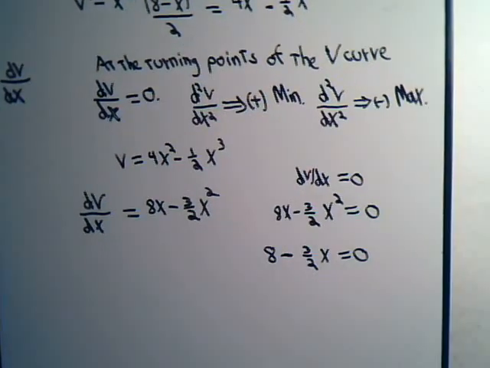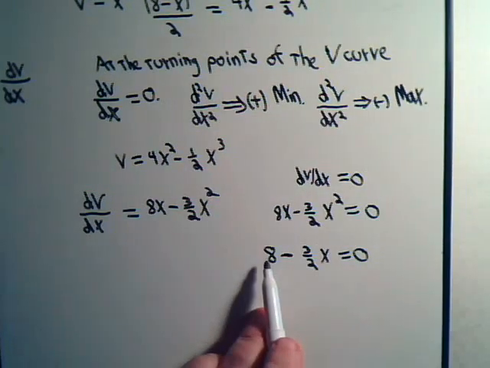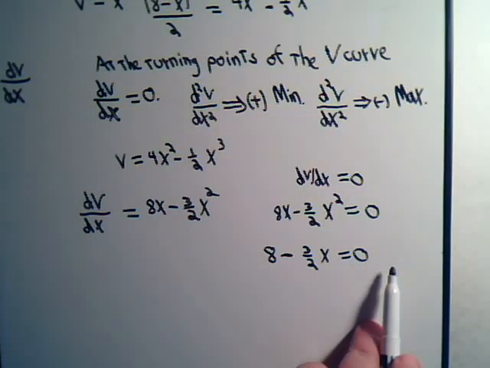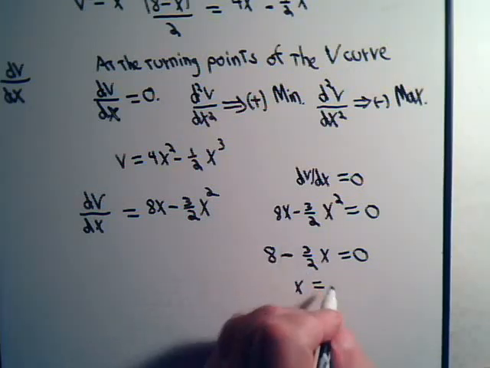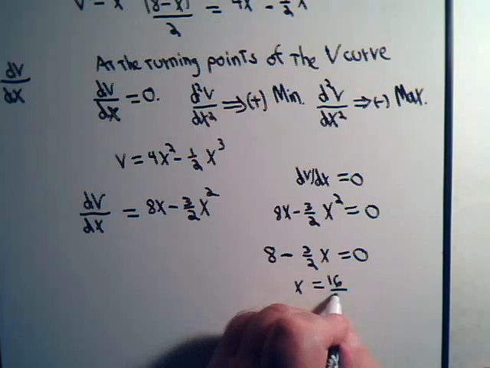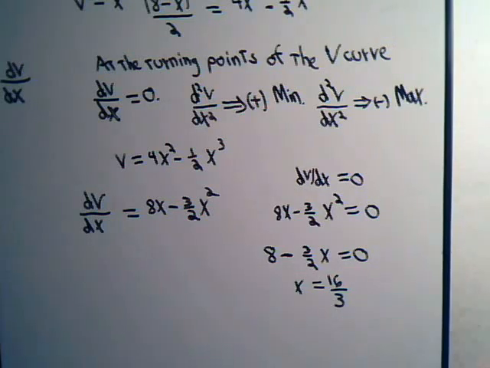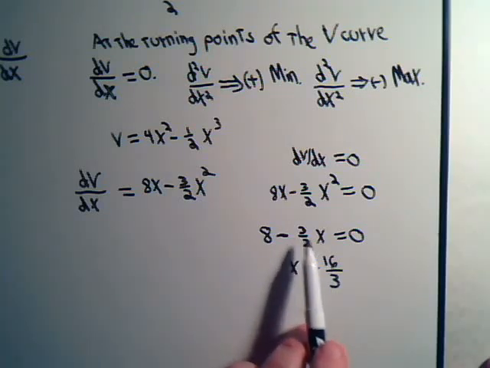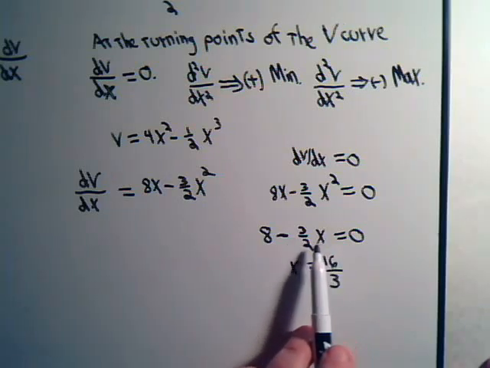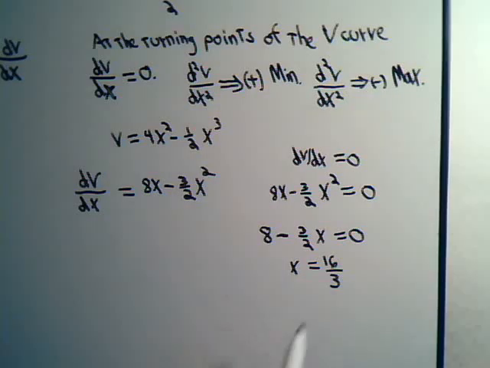So it looks like x will have to equal 16/3. If this is 16/3, the 3's go away. 16 divided by 2 is 8. Yes, okay. 16/3 works. So there's only one turning point, and that's when x equals 16/3.